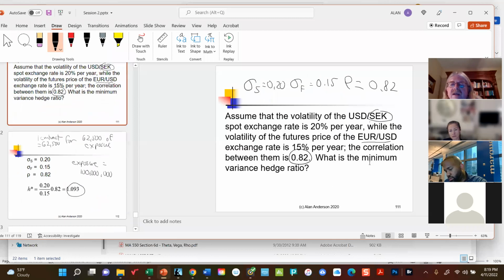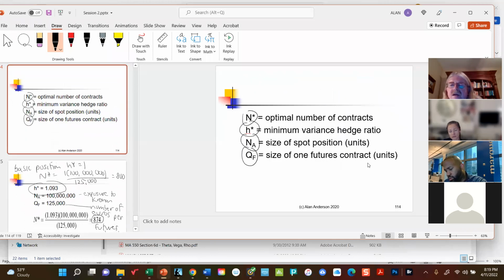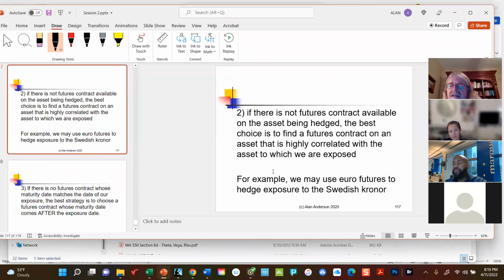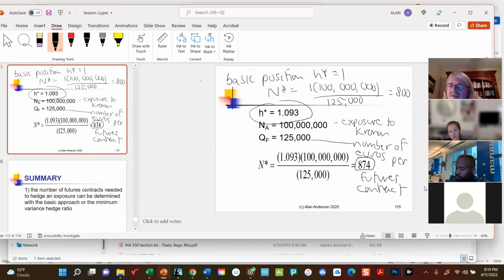So this is a way we can sort of work around that. We can figure out how to hedge with euros instead of with kroner, and still hedge with futures rather than forwards. Again, the advantage here is that no matter what happens, I'm not ever going to have to take possession of the kroner if I don't want to.